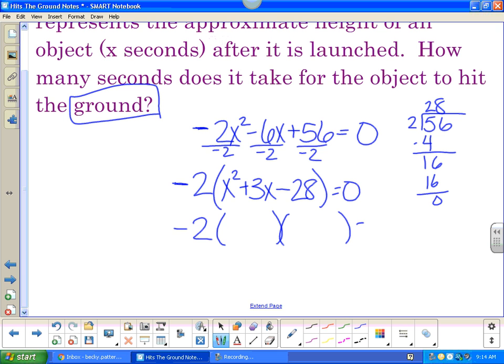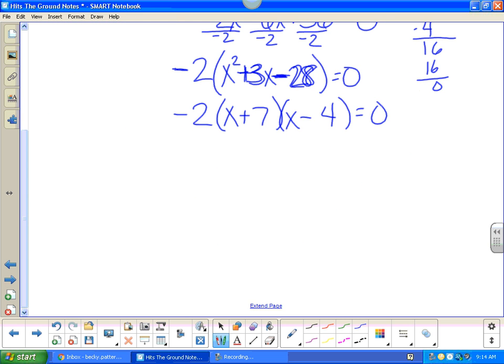Then I've got a nice little trinomial. I want the factors of 28 that subtract to give me 3, and that would be 7 and 4. Signs are different. Bigger number gets the positive. Then I take these and set them equal to 0.